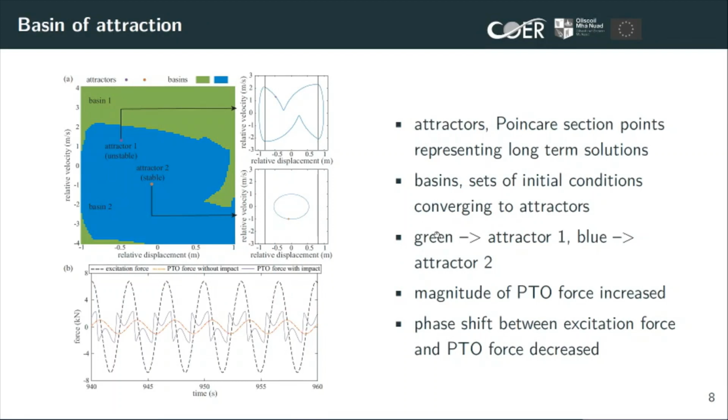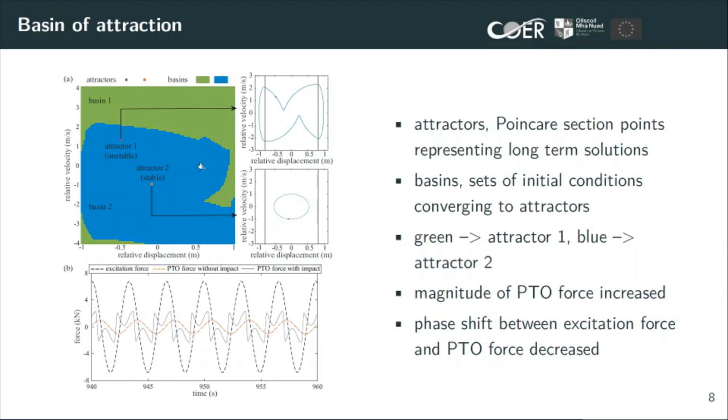When multi-stability exists, the system dynamics depend heavily on initial conditions, and the basin of attraction is a useful tool to investigate how the initial conditions influence the system dynamics.